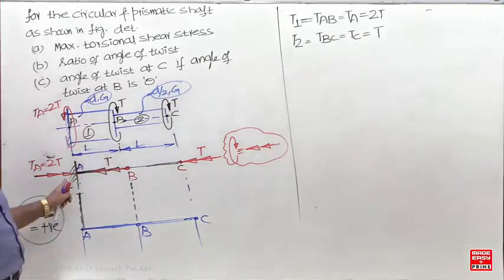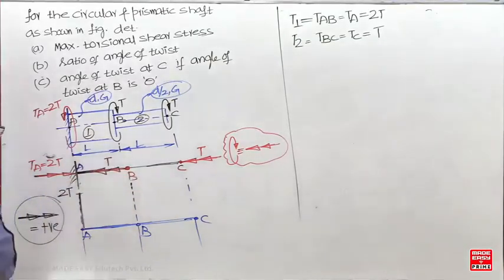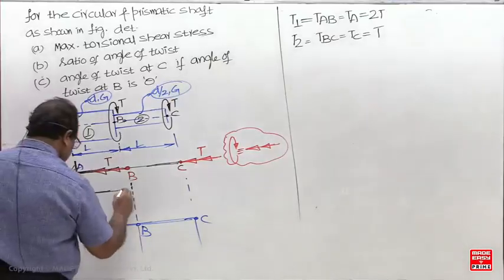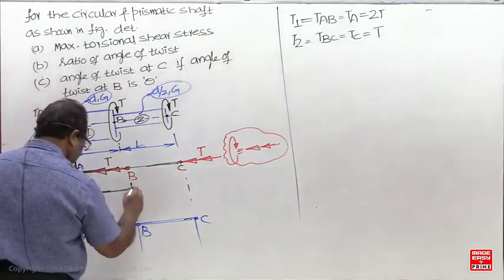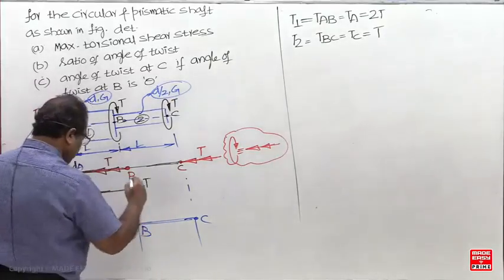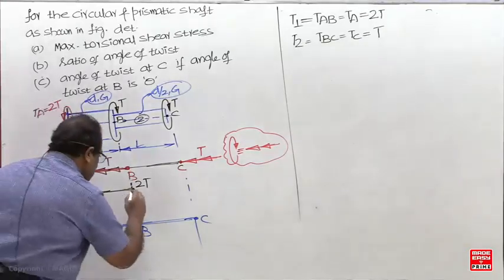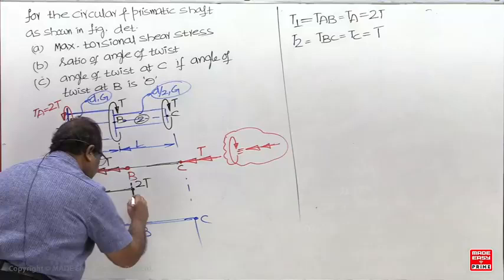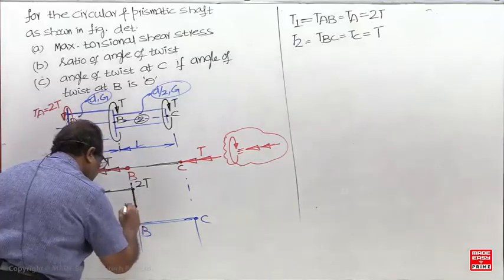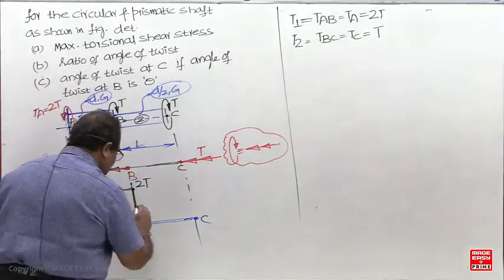What is the next step? Now draw a parallel line until B. Towards the right side is positive, which means towards the left side is negative. 2T minus T. Then draw a parallel line.